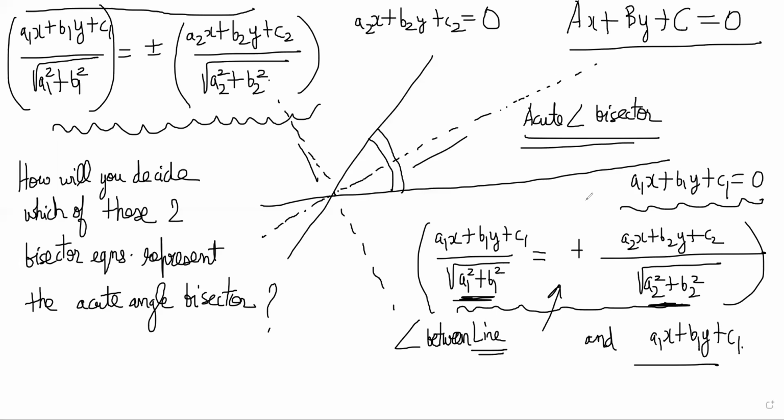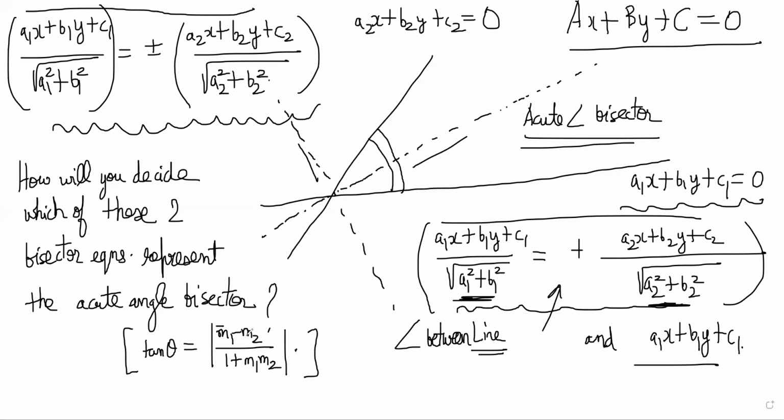How do we find the angle between two lines? We take the slopes and we say tan theta is equal to m1 minus m2 by 1 plus m1 m2, where m1 is the slope of this line and m2 is the slope of this line, and you'll get the angle between the two lines.